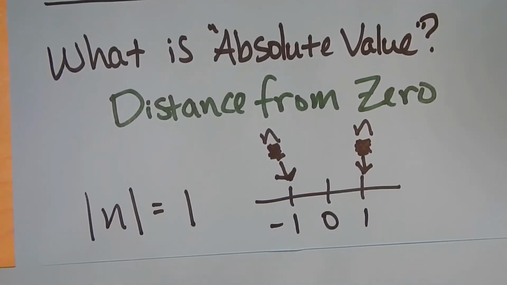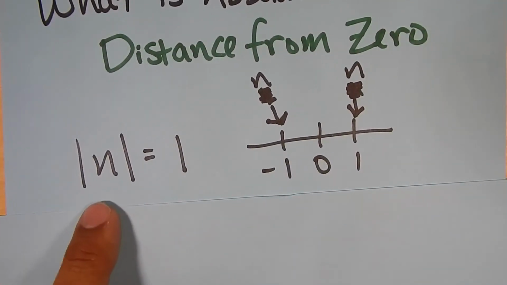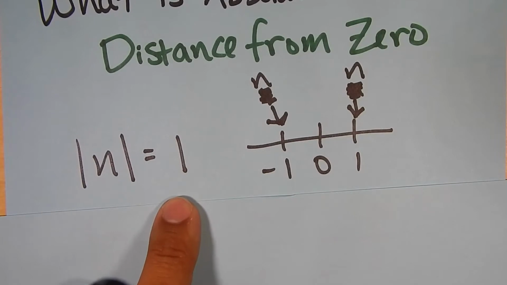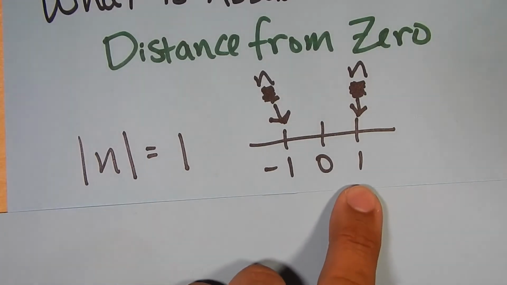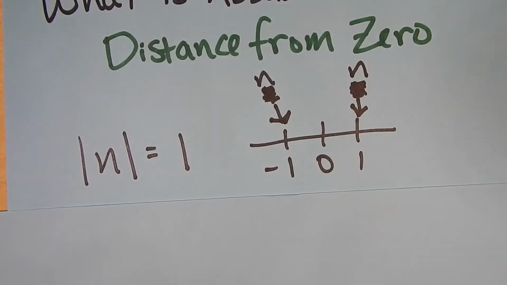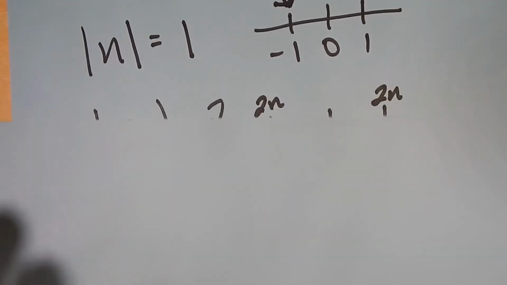So if we think about the absolute value of a number being 1, that means the distance the number is from 0 is equal to 1. So on the number line, we could put it here at -1, or we could put it here at +1. Those are the two numbers that satisfy that equation.